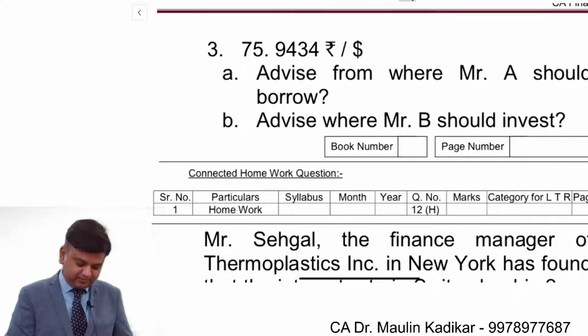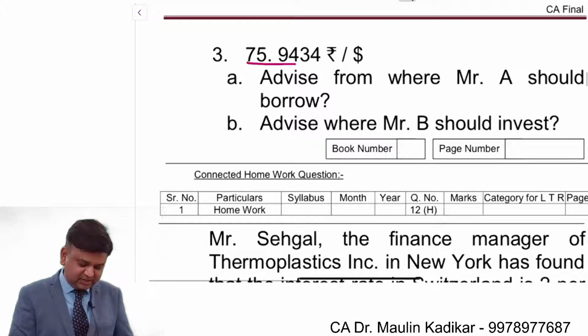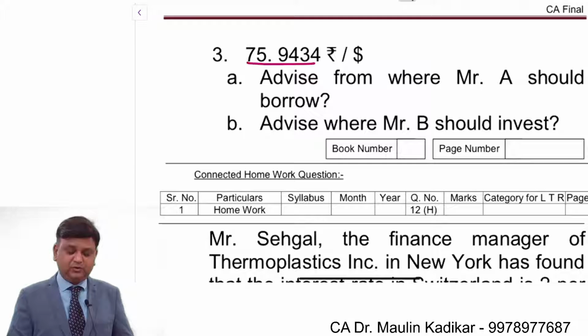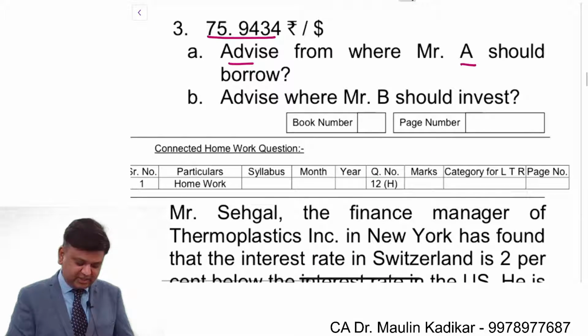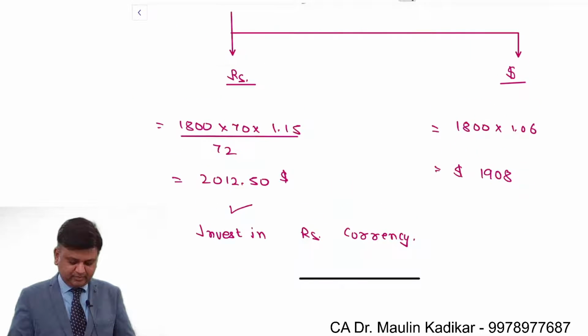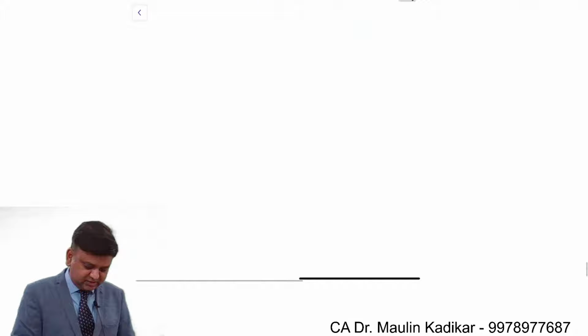Third question. If forward exchange rate is 75.9434 rupees per dollar, advise from where Mr. A should borrow and advise where Mr. B should invest. Let us answer the third question.